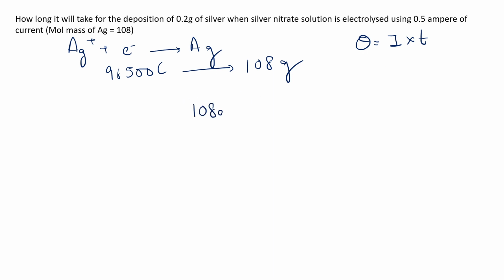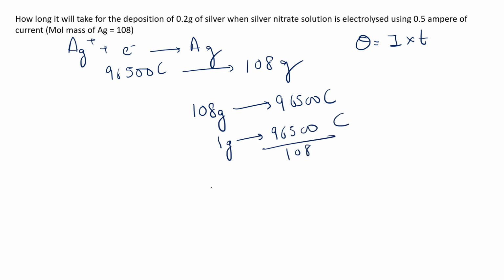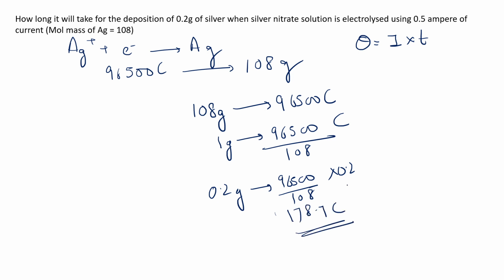We just understood from the equation that 108 gram requires 96500 charge. 1 gram will require 96500 by 108 coulomb charge, and 0.2 gram will require 96500 divided by 108 into 0.2. Solving this, we get the charge, that is 178.7 coulomb required.